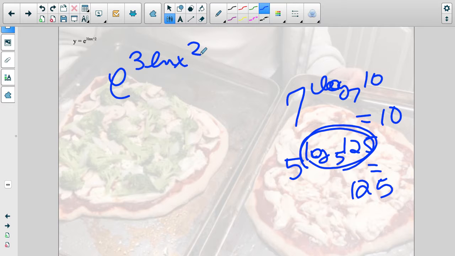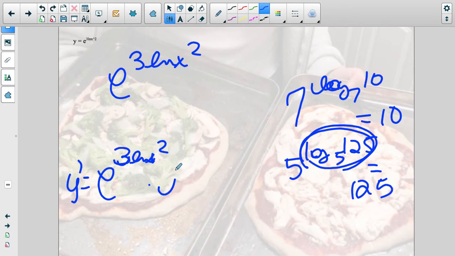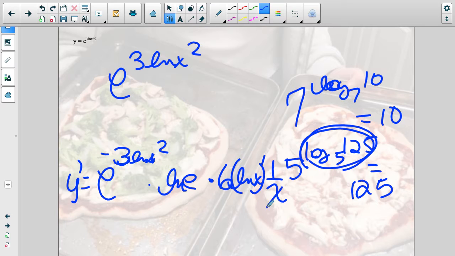And you're going, well, I copy it down, and while I'm there, I say ln of the base, but that's just 1. And then the derivative of the exponent is, well, I'm going to have to do the chain rule, so I bring my 3 down, and I get 6 ln x to the first, and then I go back and take the derivative of ln x, which is 1 over x.